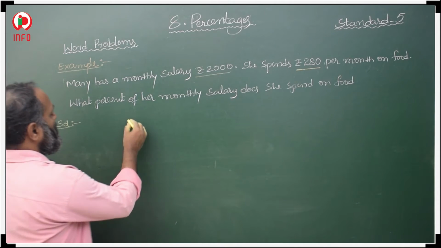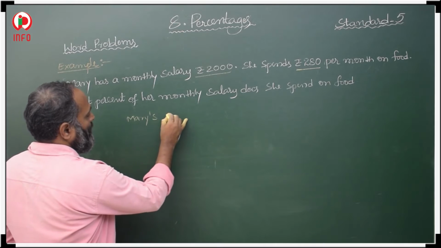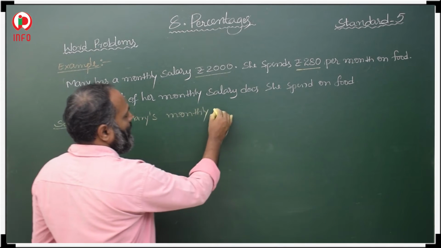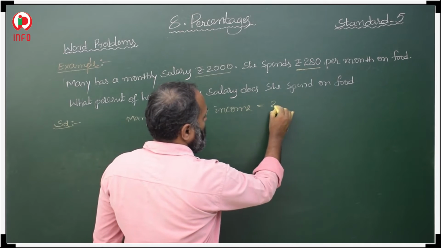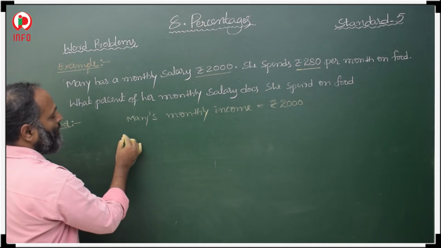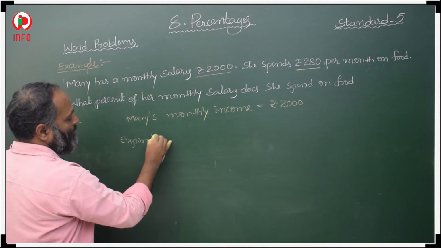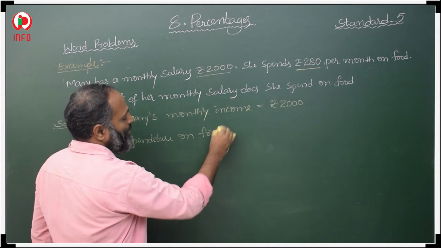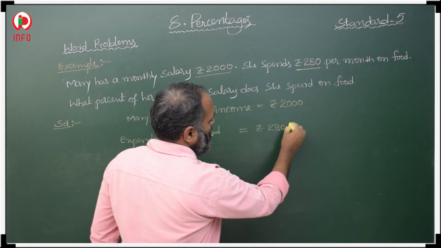First, Mary's monthly income: how much? Rupees 2000. Expenditure on food: how much does she spend? Rupees 280.